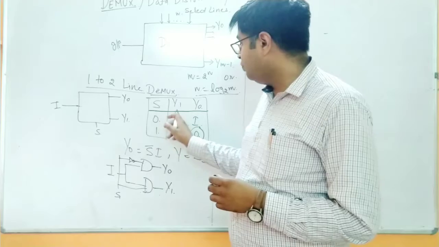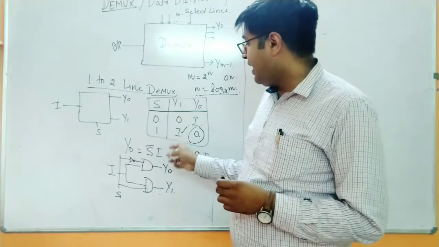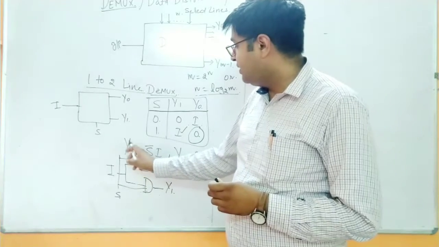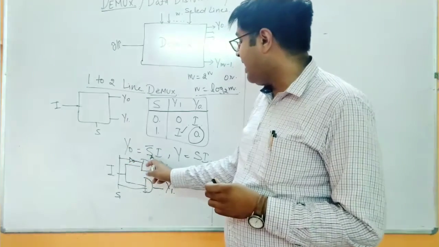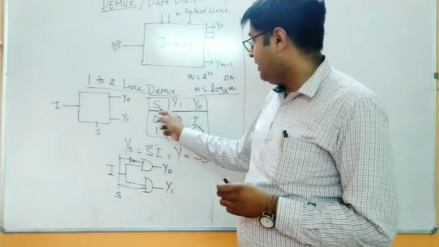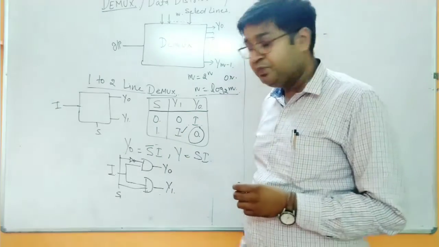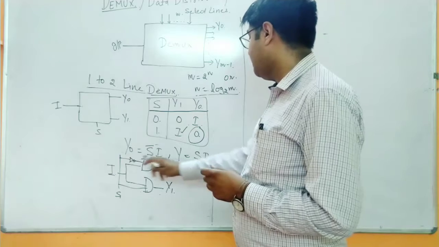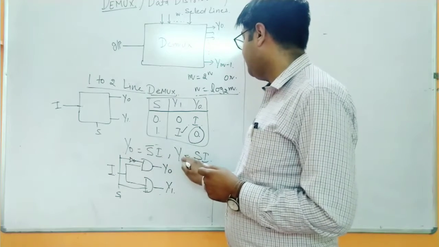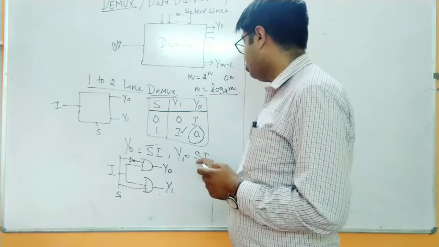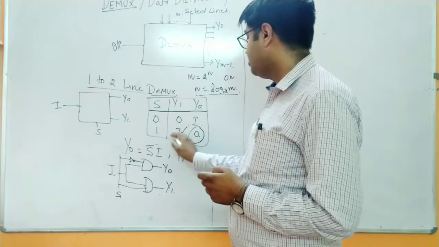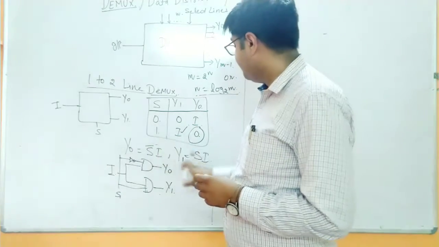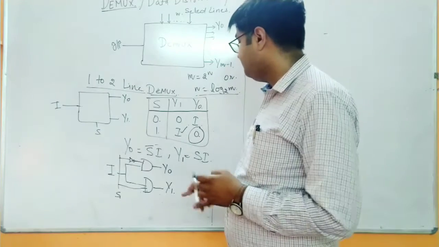Now if you need to show this as a relationship, you can say that y0 equals S bar I. We came to this from the same equation, and y1 equals S I, because here S is 1 and S I will be there.